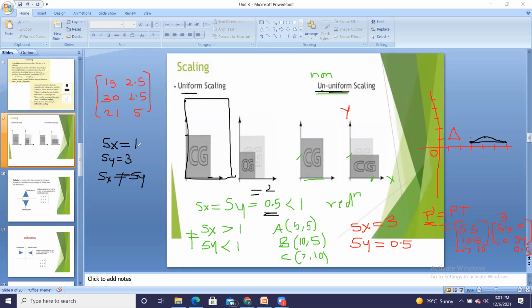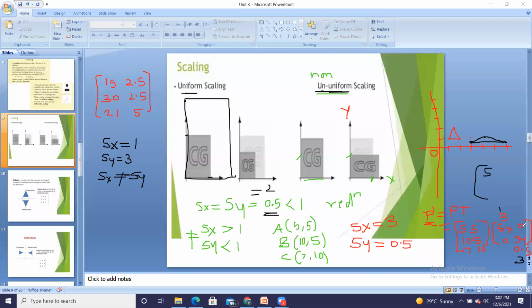Okay, so we will apply this on the same triangle. What will happen then? The points 5, 5; 10, 5; and 7, 10 multiplied by the matrix with 1, 0, 0, 3. So I will have here 1 and here I will have 3. So perform the multiplication and tell me the result. 5 remains as it is. Y becomes 15. So ultimately I am going to get 5 into 1 plus 5 into 0, so 5.